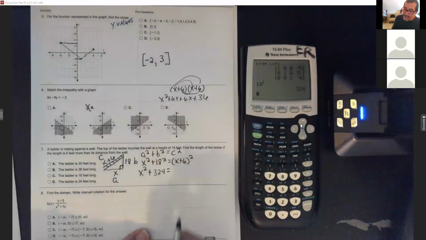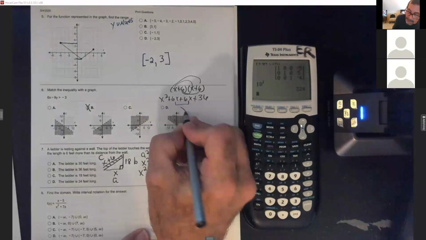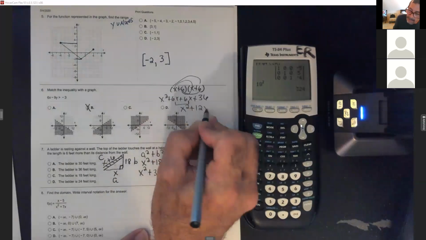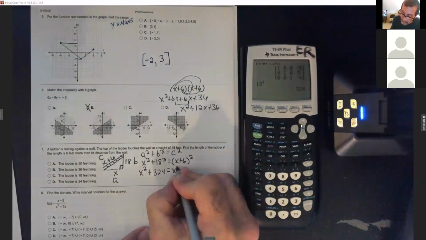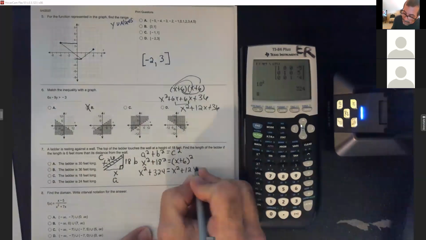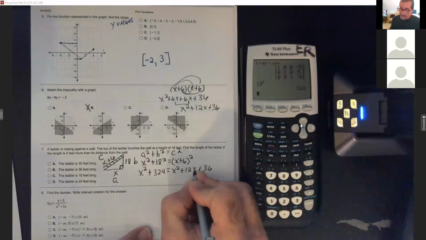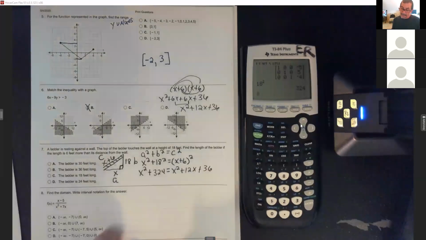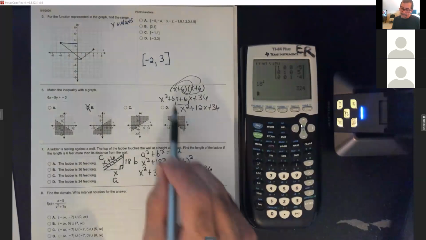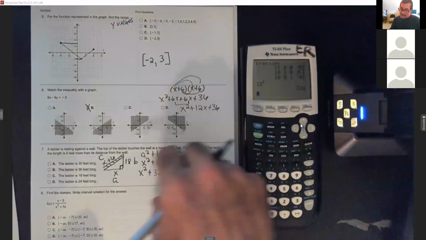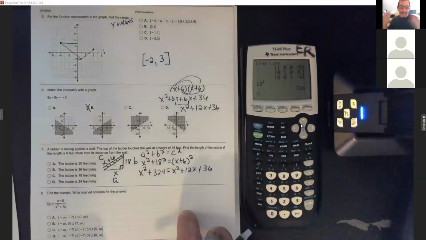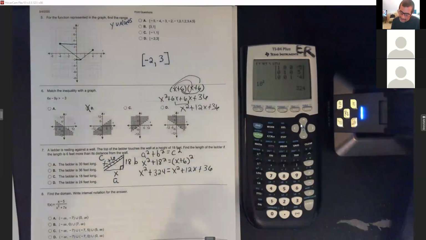And then add those X's together so that we get an X squared plus 12X plus 36. We'll replace that with that now. X squared plus 12X plus 36. And you'll notice a lot of times in math, you get a lot of what I call side work, because you don't want to do that in line here, because you'll just be rewriting all this stuff a whole lot of times, okay?